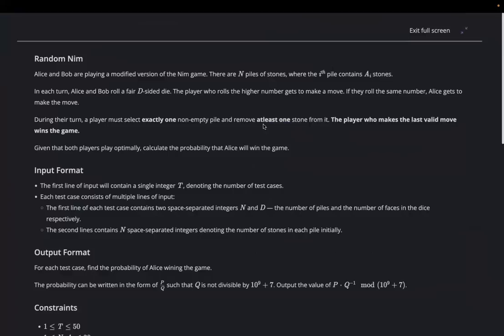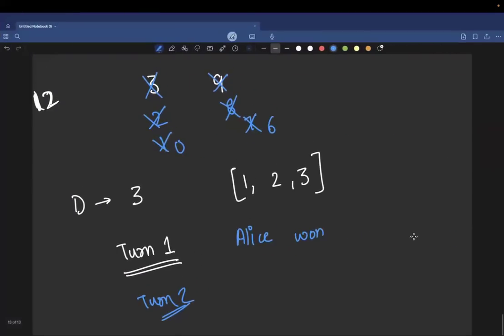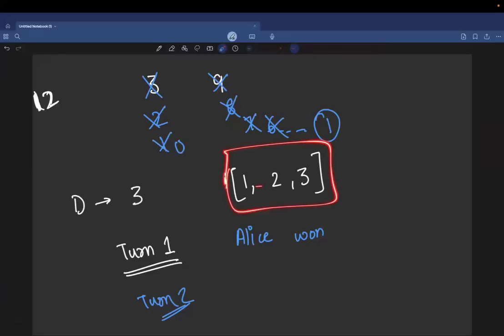Whoever removes the last stone, or whoever makes the last valid move, will win. So at the end of the day, there would be only 1 stone left. At that point, whoever wins that competition of the die, whoever gets the larger number, would get to remove the stone and be called the winner.